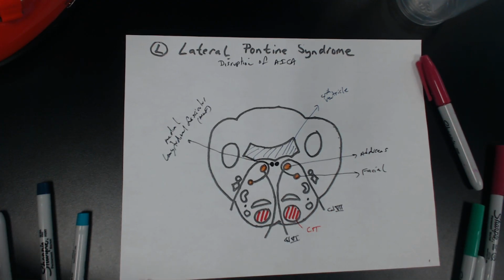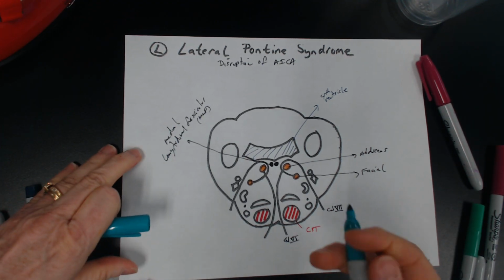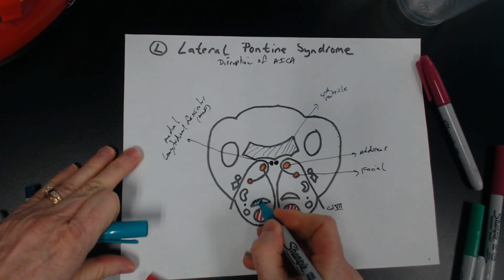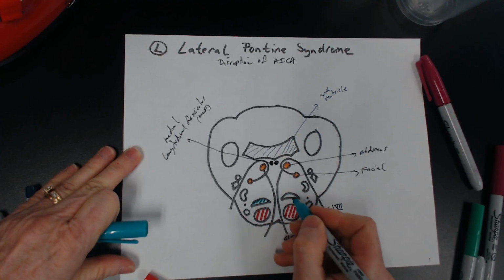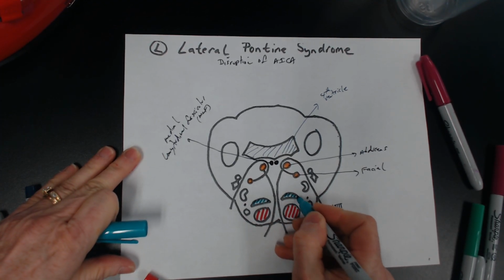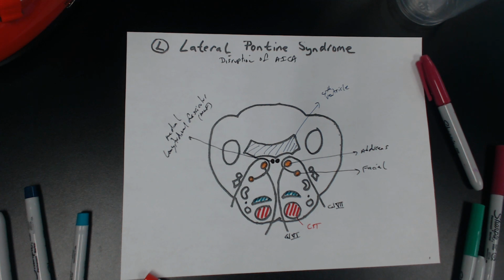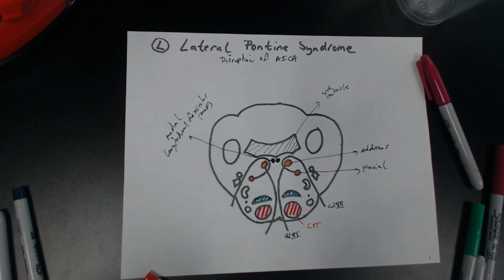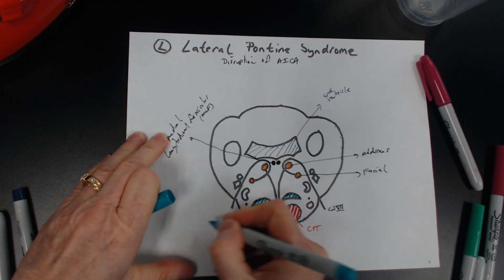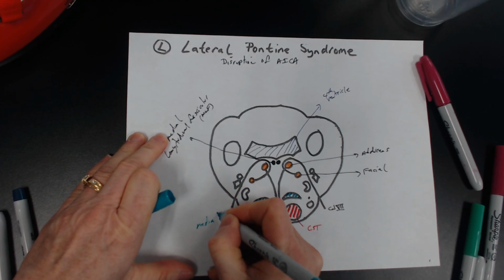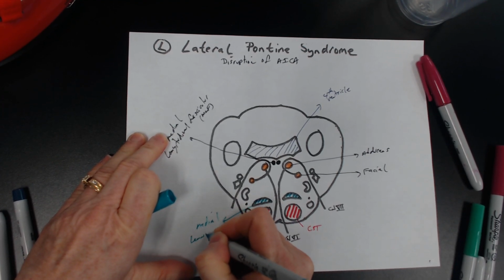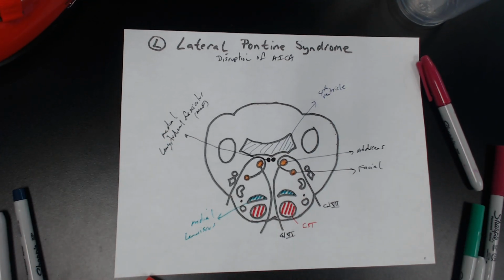Also medial here we have this long elongated shaped nucleus. This is your, or not nucleus, tract, medial lemniscus.